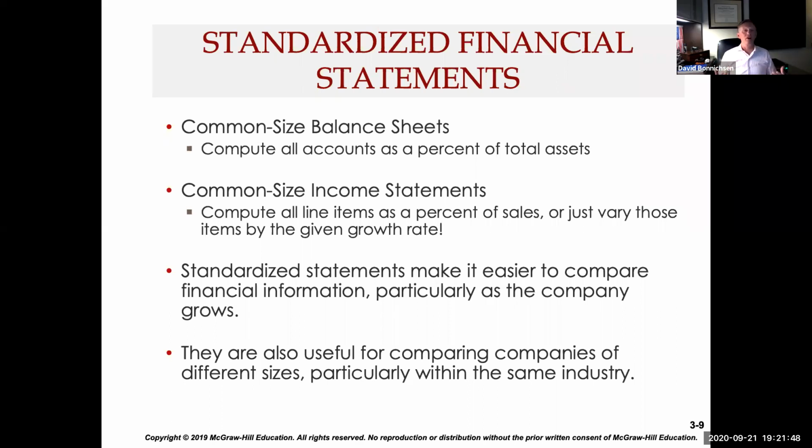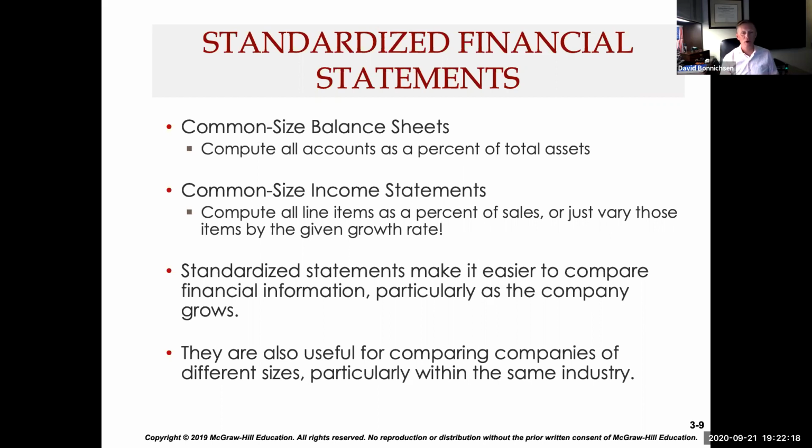So it doesn't matter if one company is a multi-billion-dollar company compared to a singular, million-dollar company. It doesn't matter. It's on a common size percentage form. Okay. So when you're doing the simulation, everything is on a standardized basis, which allows you to compare one company to the other, to the other, to the other for 8 different companies.